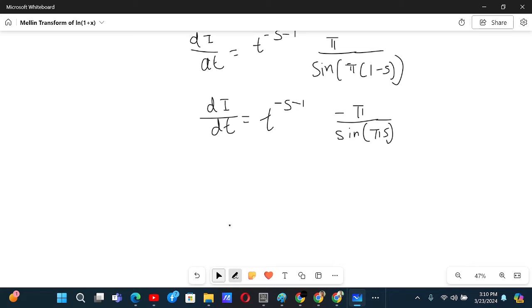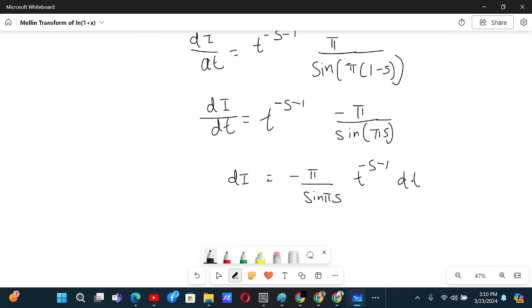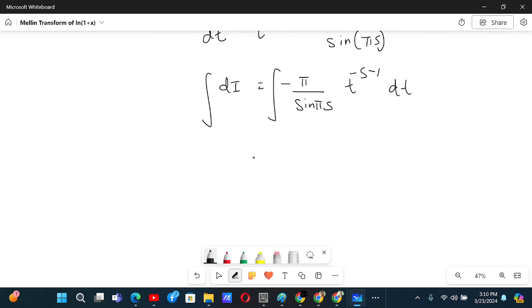Now if we integrate both sides, the minus pi by sine pi s is just a constant and t to the power minus s minus 1 is the variable, so we get I equals minus pi by sine pi s times t to the power minus s by minus s, plus c.